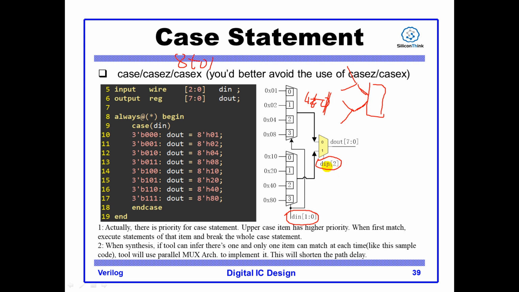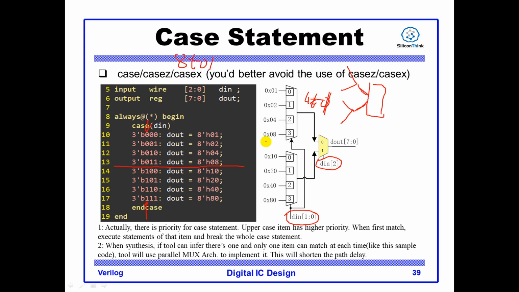Why is this bit 2 of D in? You can try to understand it as dividing them into groups. For the first group, bit 2 of D in is 0, and for the second group, it is 1.